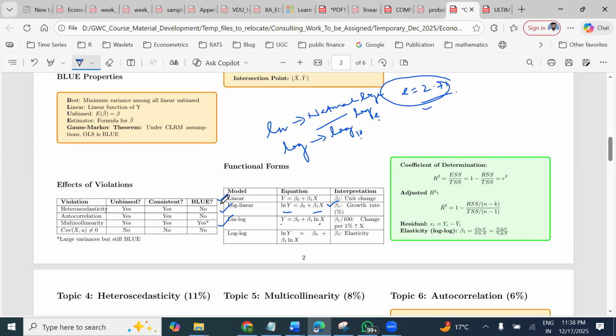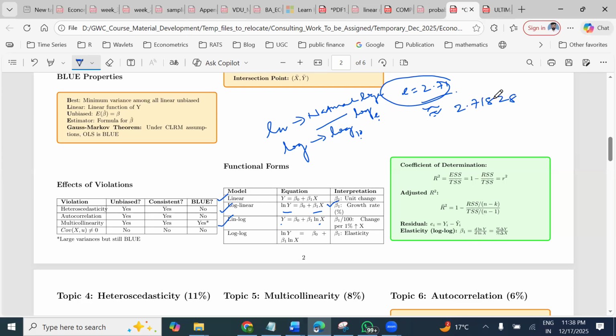So basically E is Euler's number. Approximately it is 2.718.